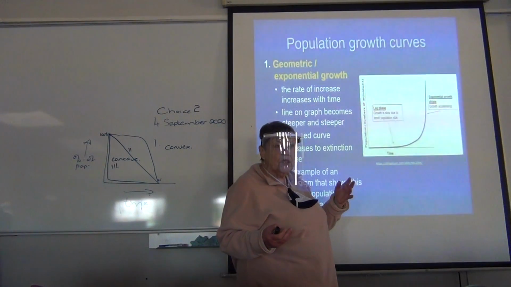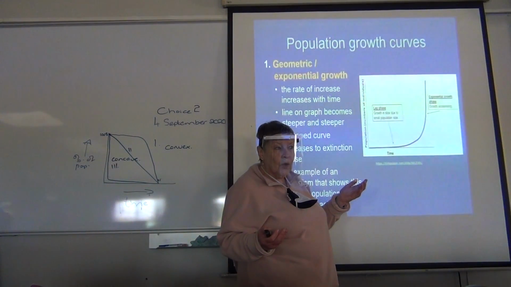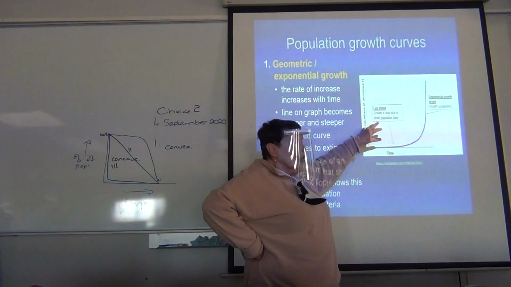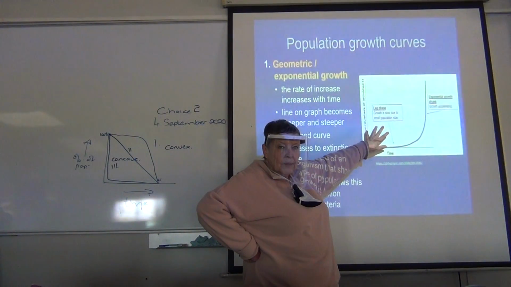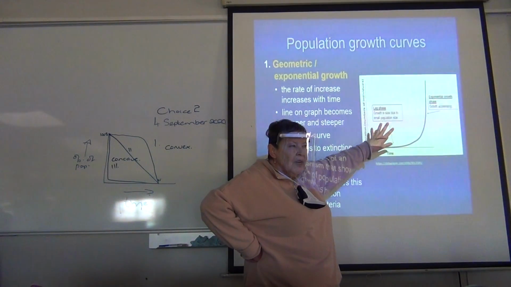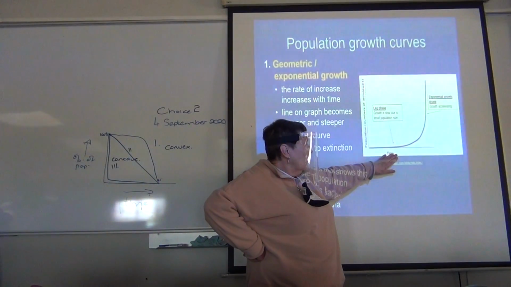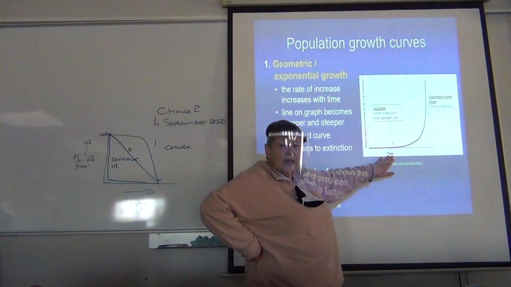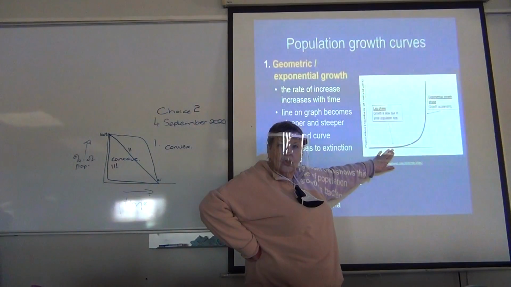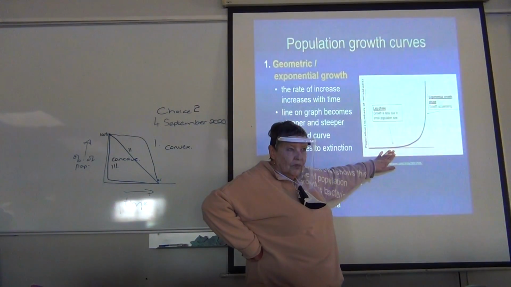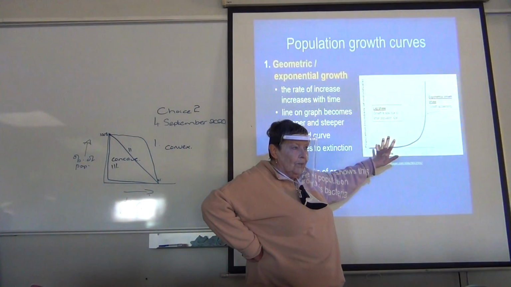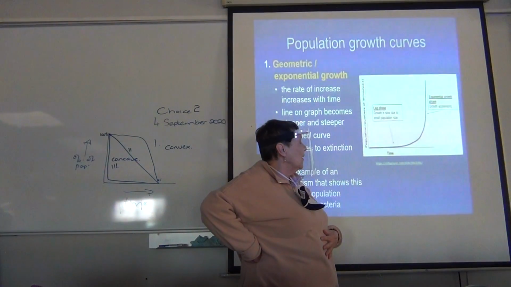If it was humans, it might be in millions. Okay? So if you're asked a question about these graphs, always look really carefully at what the axis label is and the units of measurement for each of the axes. Okay, don't mess up and lose marks because of that.